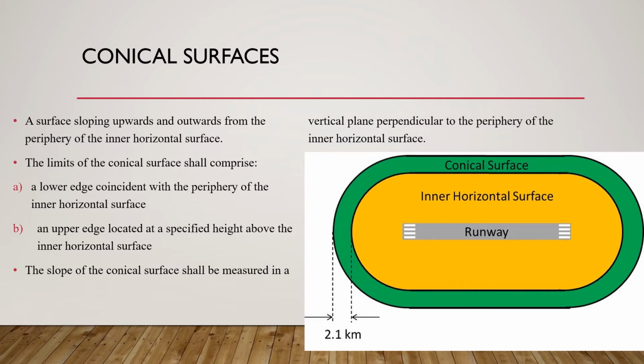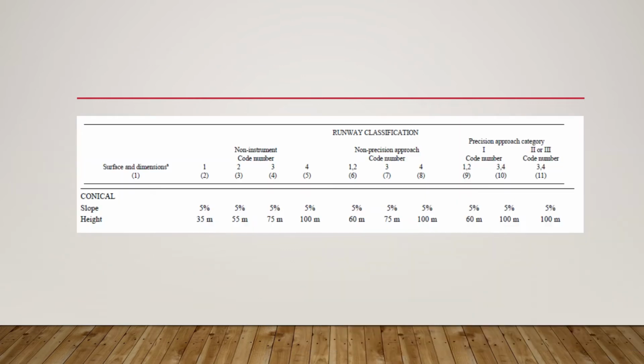It would be on the periphery of the inner horizontal surface, and then the upper edge at the outer periphery. The slope of the conical surface will be measured in a vertical plane perpendicular to the periphery of the inner horizontal surface. So these are the characteristics of the conical surface.